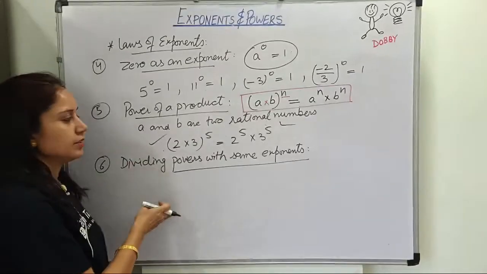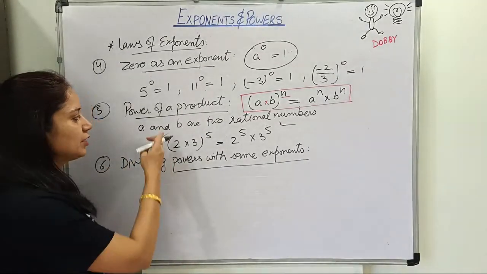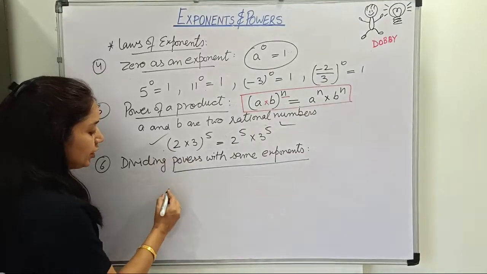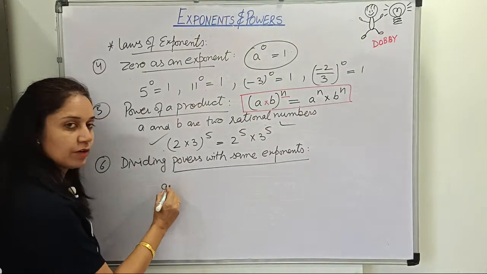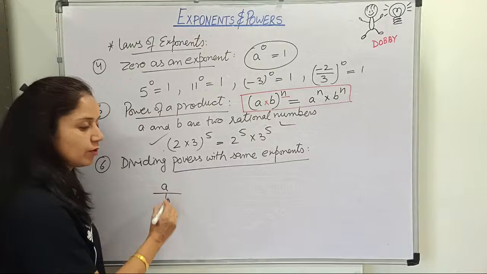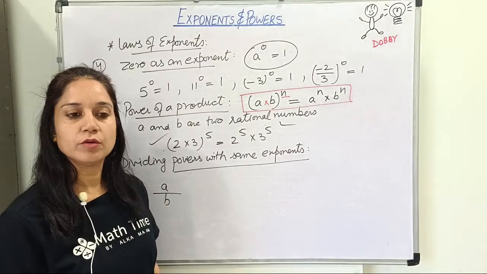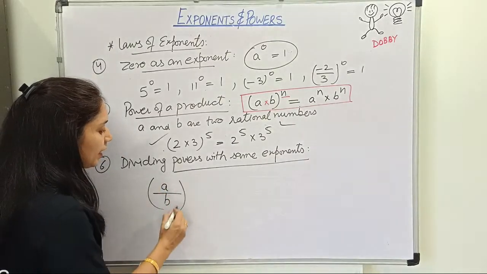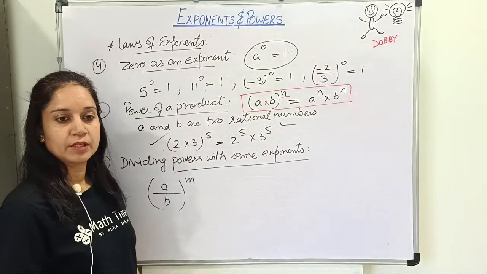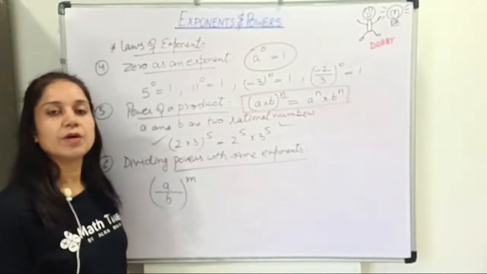It is almost similar to the fifth one. It was in multiplication, now it is in division. You are having two rational numbers. A is one rational number, B is another rational number in division. A upon B, both are having power m. A upon B raised to the power m.